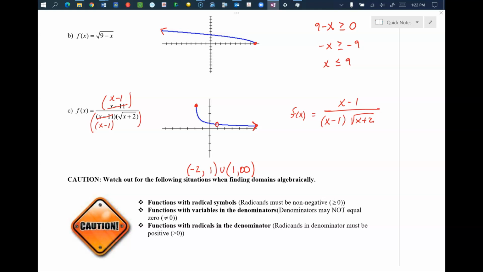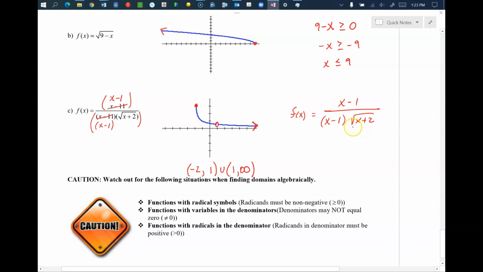If you do, the function's undefined, and in this case, if x is equal to 1, you have a 0 in the denominator and the function's undefined. Now, why is there a hole in the graph here, whereas in the first example there was that vertical asymptote? That's because both the numerator and the denominator are 0 at x equal 1. So that's why we skip positive 1.